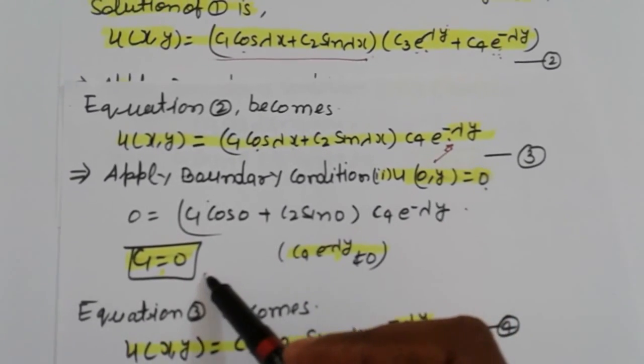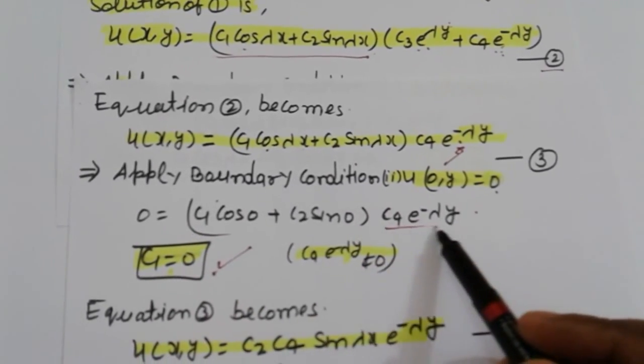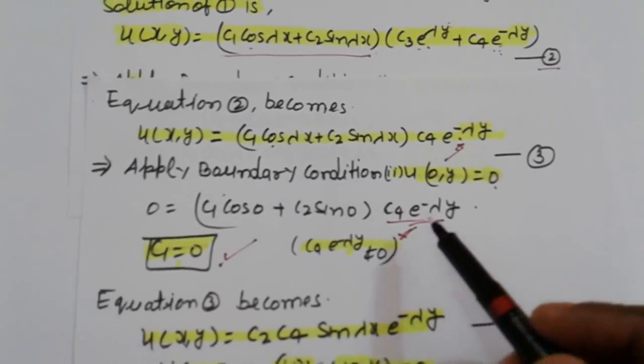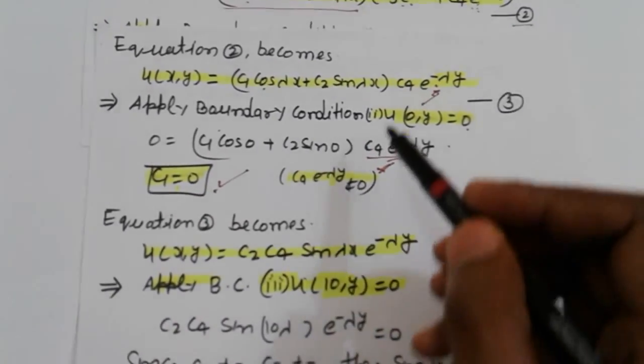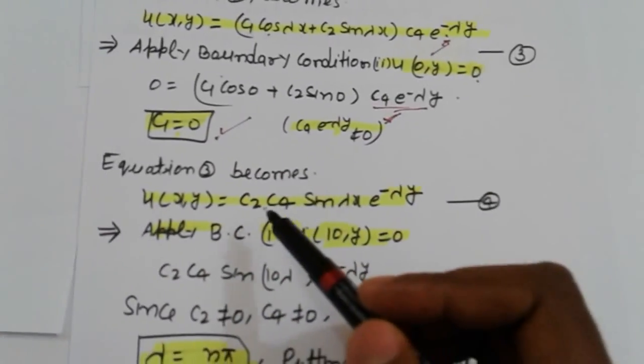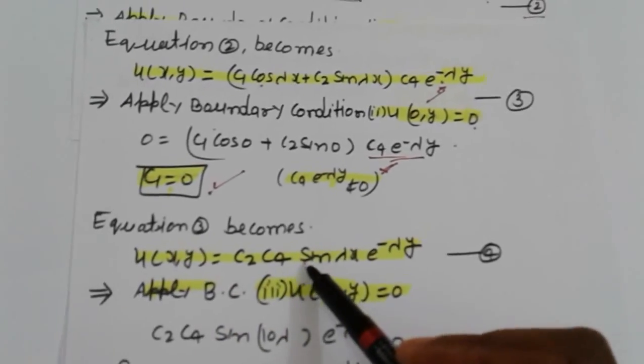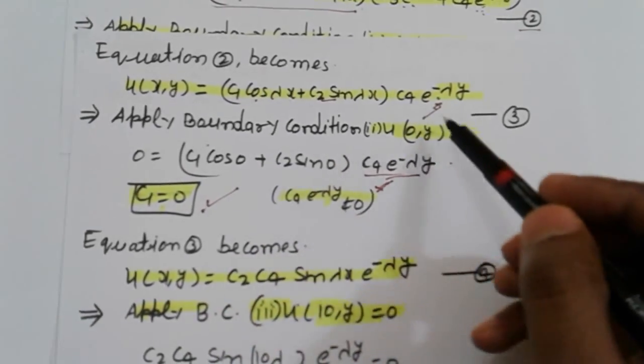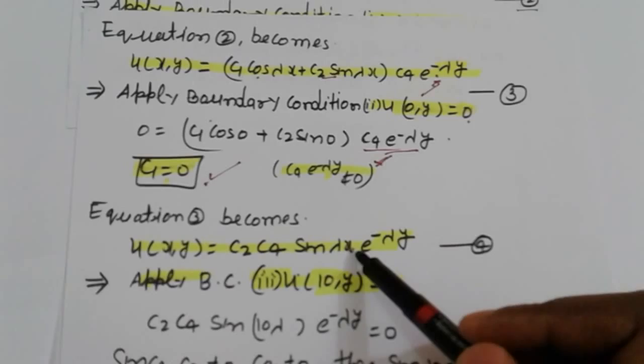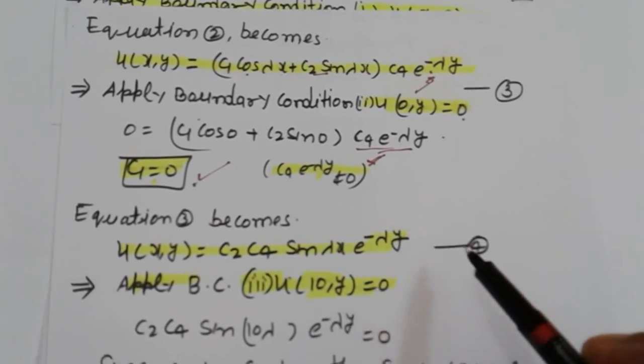So now c1 equal to 0 and that term not equal to 0. Now equation 3 becomes, again put c1 equal to 0, so u(x, y) equals c2 c4 sin λx e^(-λy). This is equation number 4.